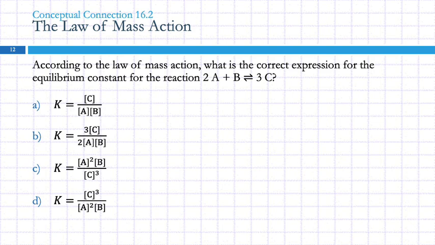Okay, so according to the law of mass action, that pattern we just looked at, what is the correct expression for the equilibrium constant for this reaction? 2A plus B is in equilibrium with 3C.